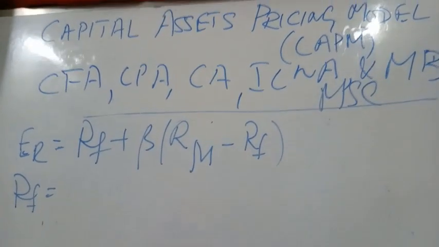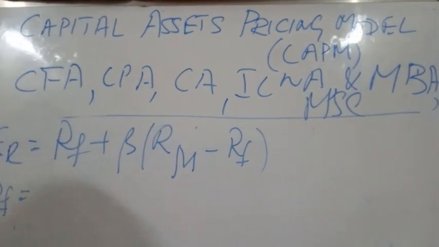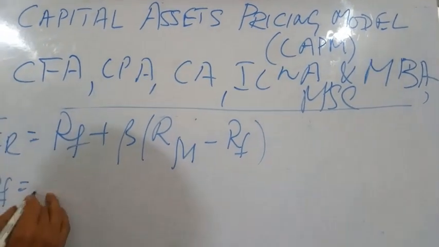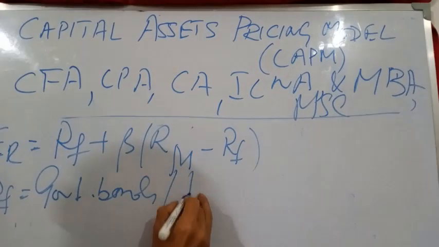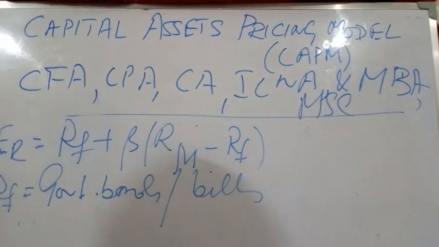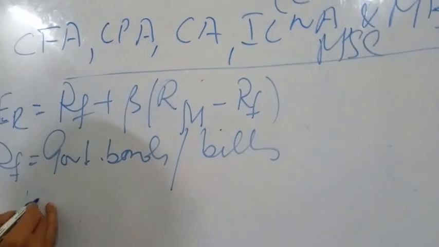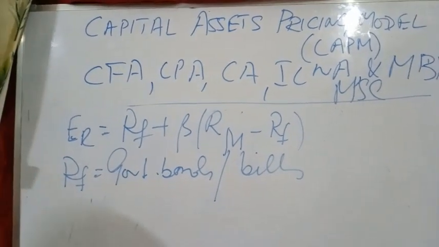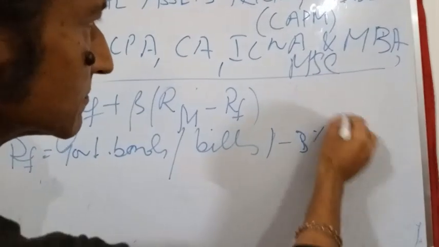Risk-free return is the return that an investor gets by investing in government bonds, government securities, treasury bills, etc. In these cases there is no risk. The whole money is insured by the government, and the return is also insured by the government, although the return is very low. It varies from 1 to 3% according to jurisdiction.